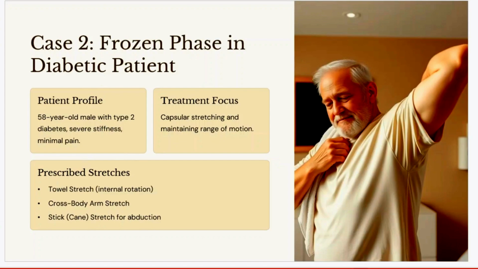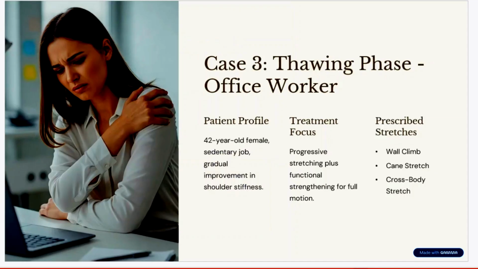The third one is the case of the thawing phase, stage 3. An office worker, a 42-year-old female with a sedentary job and gradual improvement in shoulder stiffness, because she can feel that improvement after a long period of time. She can ask about some functional limitations.